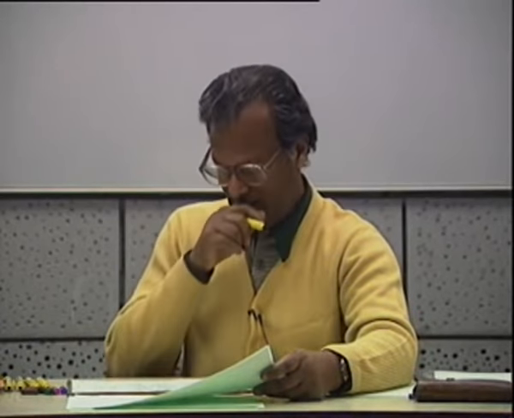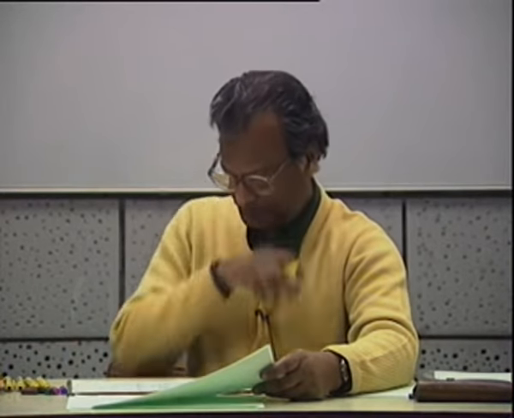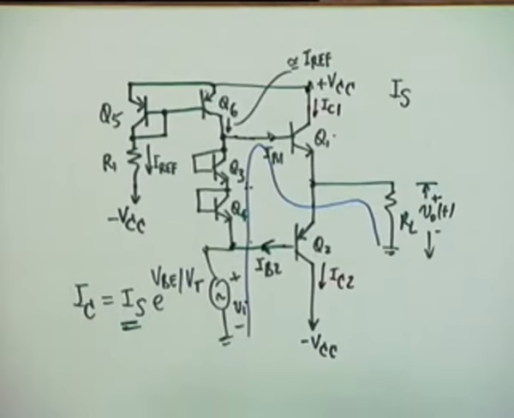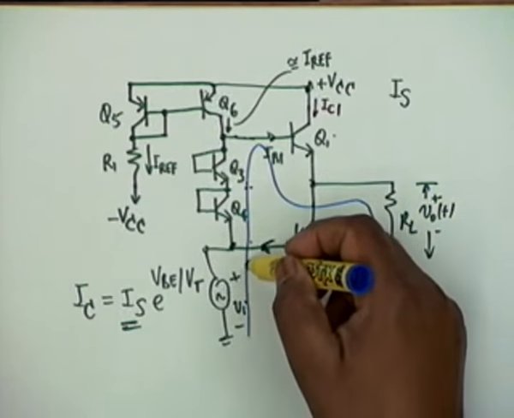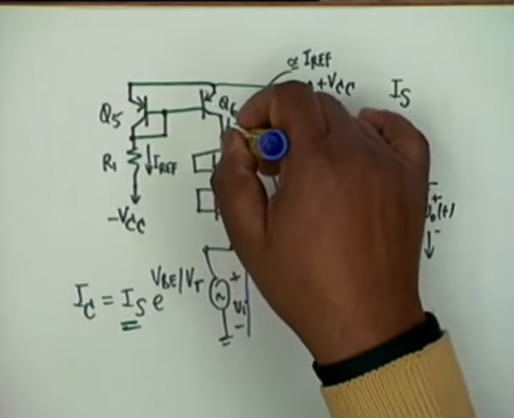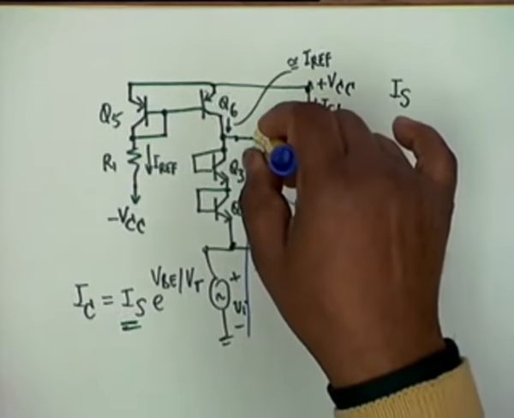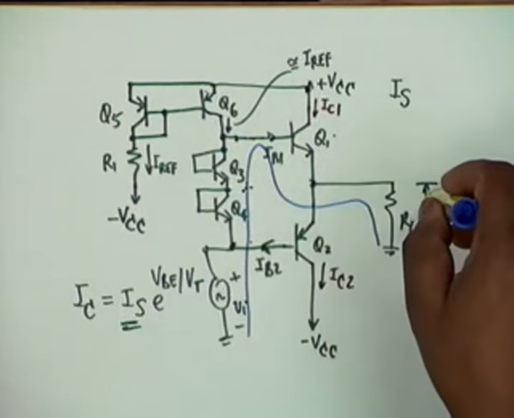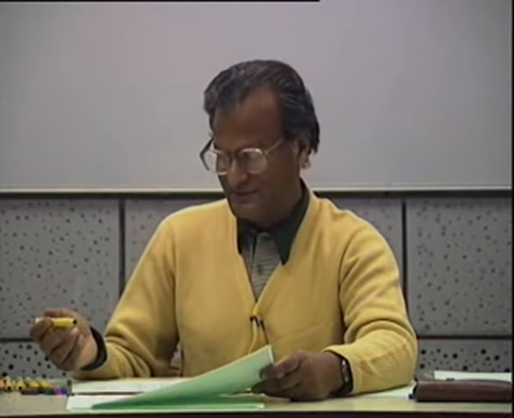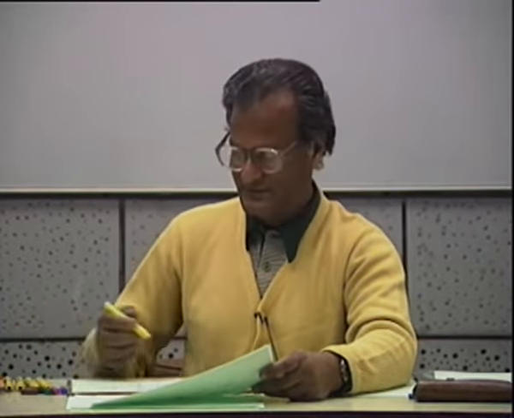And this KVL would be Vi plus VBE4 plus VBE3, that would be equal to VBE1 plus V0. Is that okay? From which, since the voltages are identical, you get Vi equal to V0 minus 0.7. Agreed?